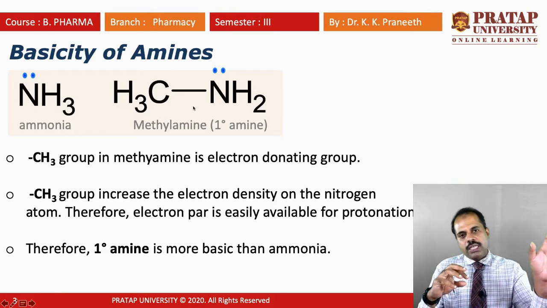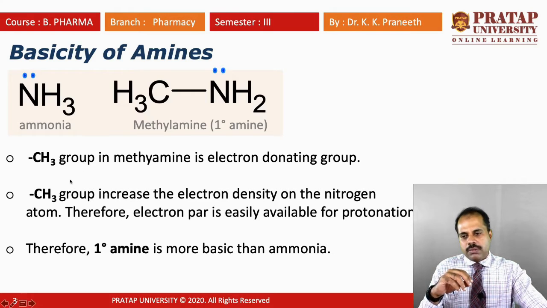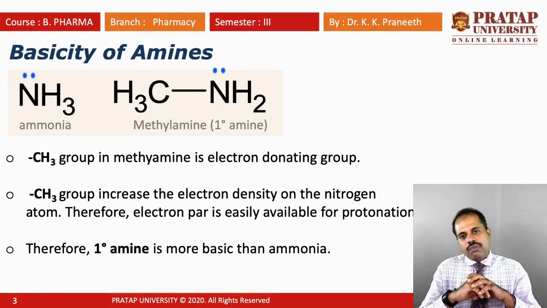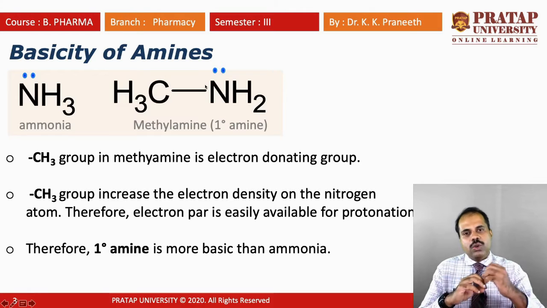Protonation means H plus attachment; the proton is attached. Due to this reason, methylamine is more basic than ammonia. Having a CH3 group gives an extra push of electrons from the CH3 to the nitrogen atom, so the electron pair can be easily donated in methylamine compared to ammonia.